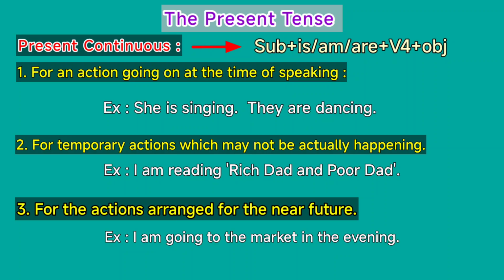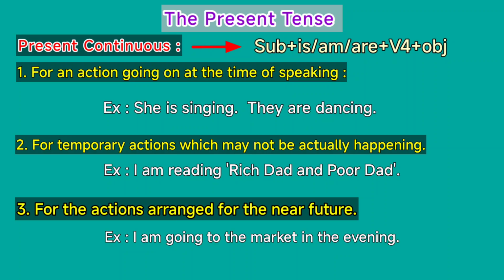I planned that. Here you need to remember that planned actions in future can be expressed in simple present tense also. But there is a slight difference between the planned future expressed in simple present and the planned future actions expressed in present continuous. In simple present tense we express planned future with the exact time.